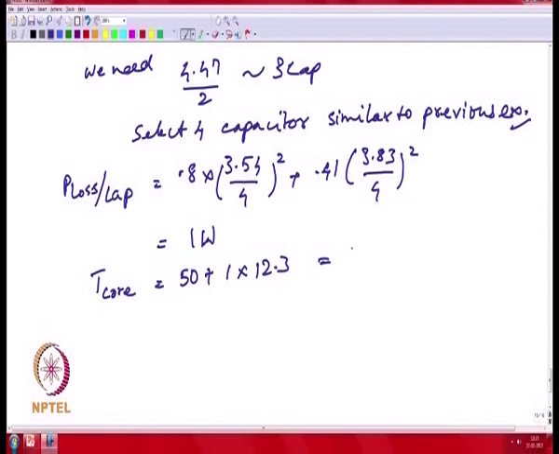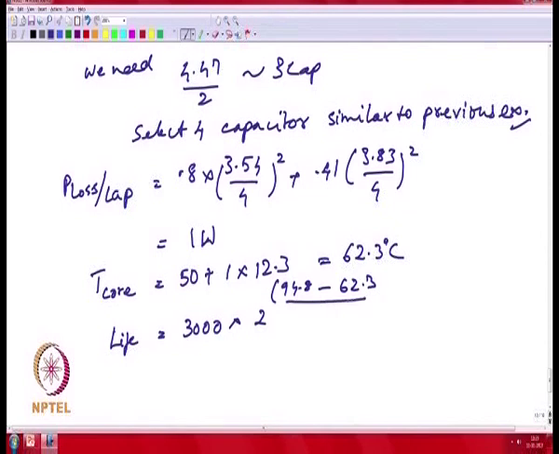So you have a core temperature of 62.3 degrees centigrade, and again assuming the simple thermal lifetime model, you are considering 3000 into the lifetime scaling, so you are talking about 9.8 years compared to about 4.5 years for the other in the previous example.